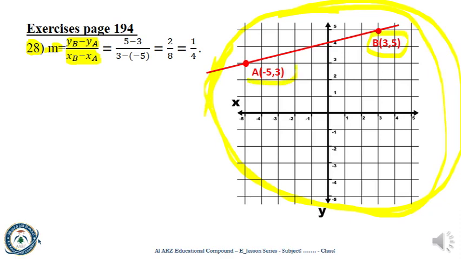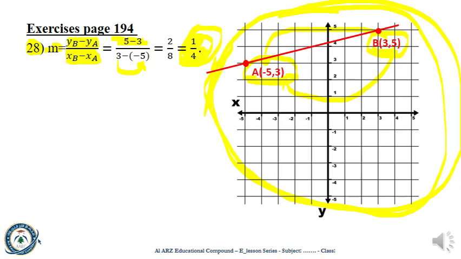Here you have 2 points, B and A. B has 3, 5, and A has minus 5, 3. So we're doing YB minus YA, which is 5 minus 3, and XB minus XA, which is 3 minus minus 5. The answer would be 1 over 4, so the slope is 1 over 4.